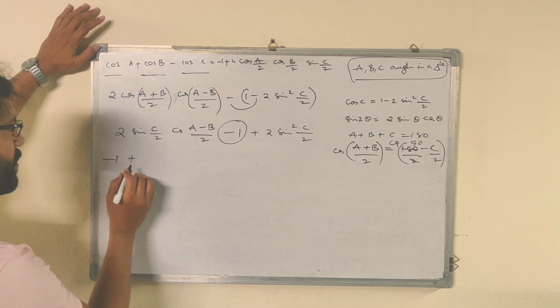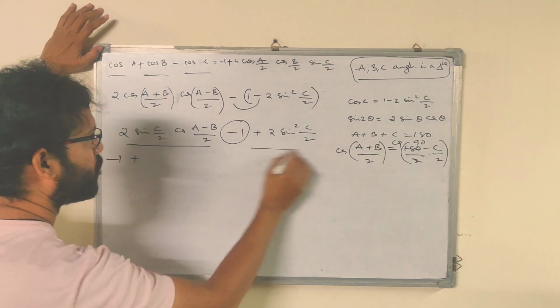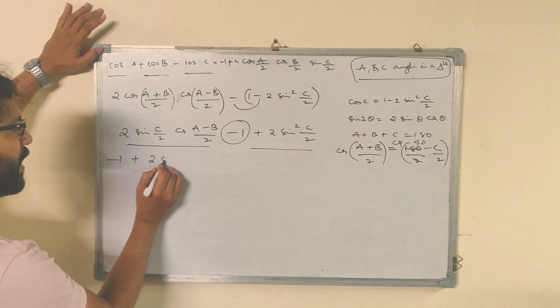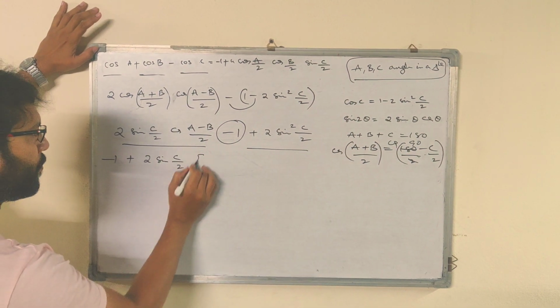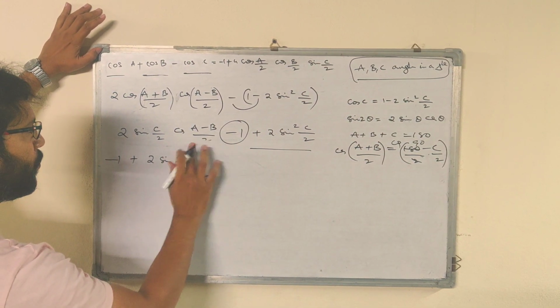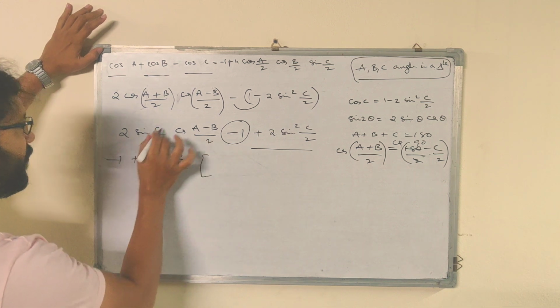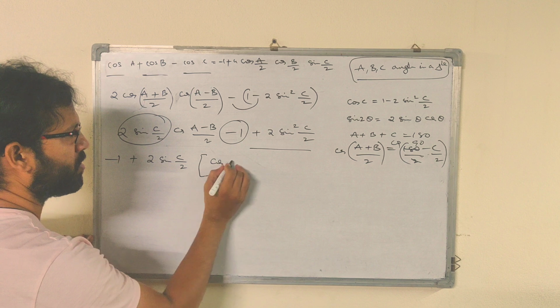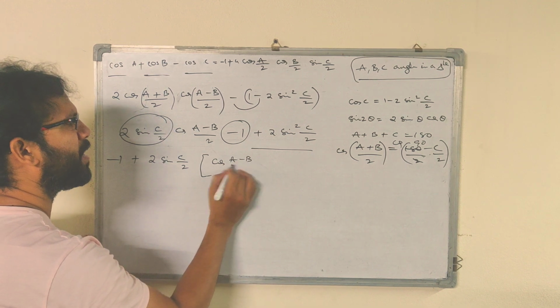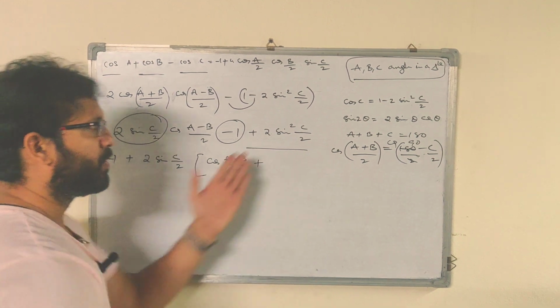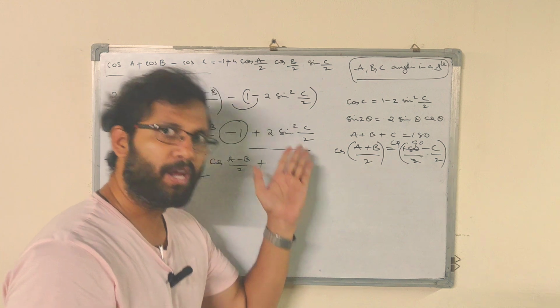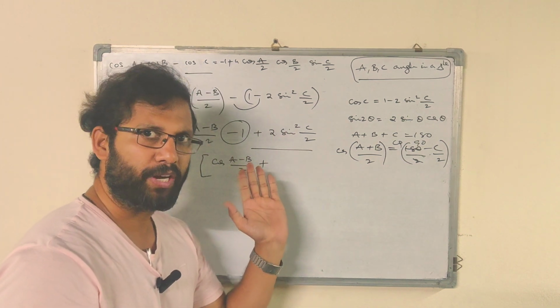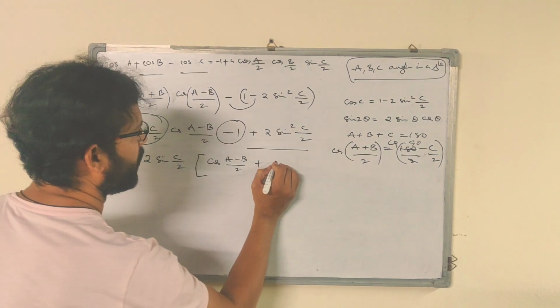Now, plus, what is the common term between these two? 2 sin C/2 is the common term. If you take this as common, what remains here? cos (A minus B)/2 plus, there are two sin terms here. One is taken out already. The other should be written here only.